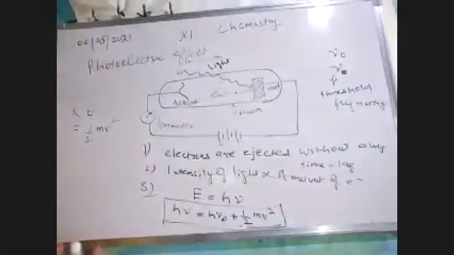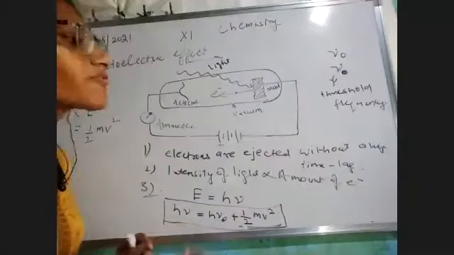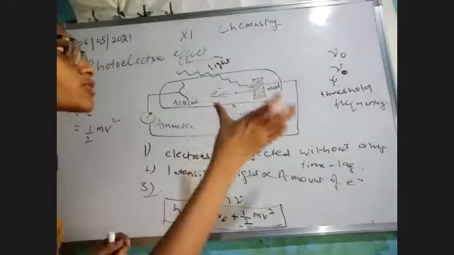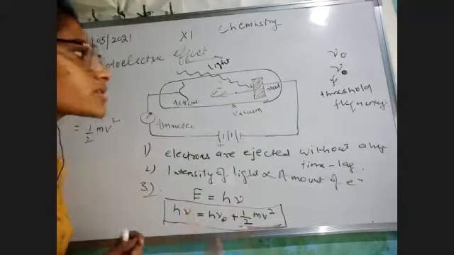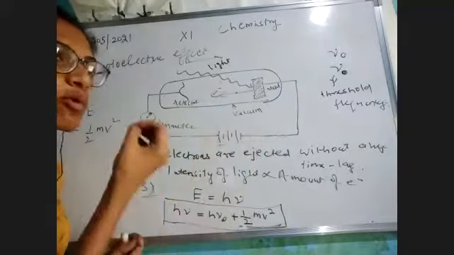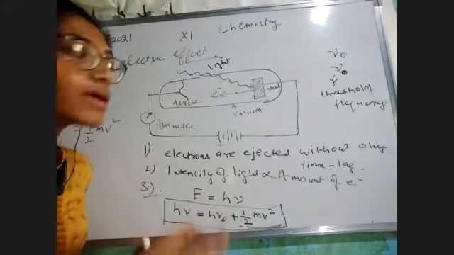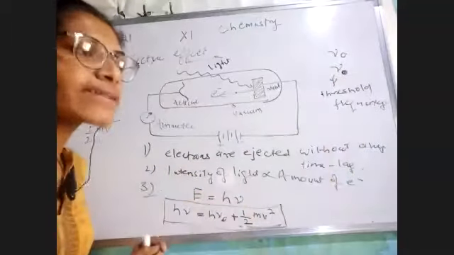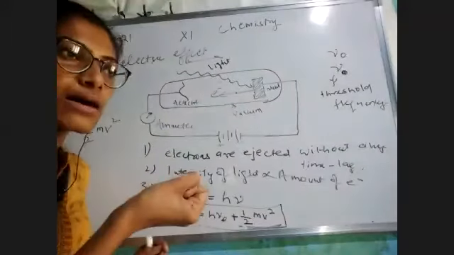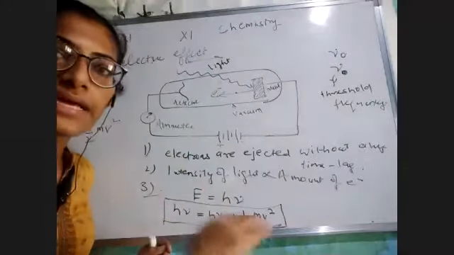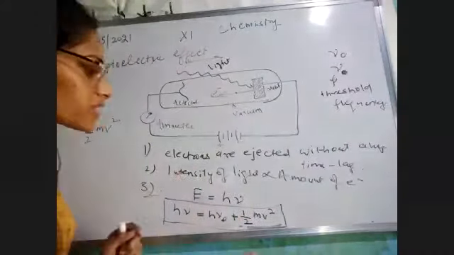Okay, so let me briefly recapitulate the whole topic. In the photoelectric effect, we have a vacuum chamber, and according to the scientist, whenever a ray of light strikes the metal, the electrons start ejecting out from the metal with the threshold frequency nu naught, so that the electron picks up the kinetic energy and can be easily ejected out. That's the first point.